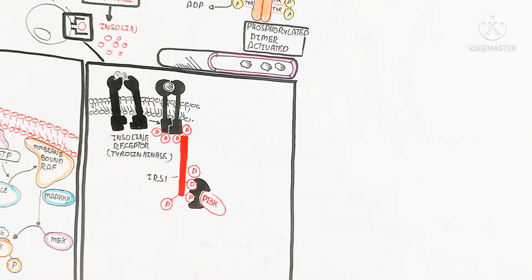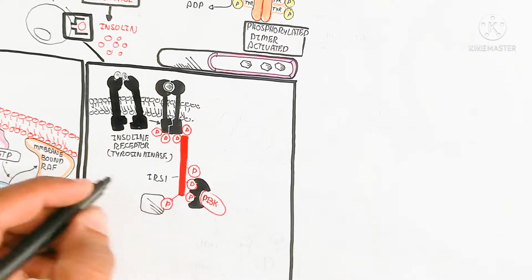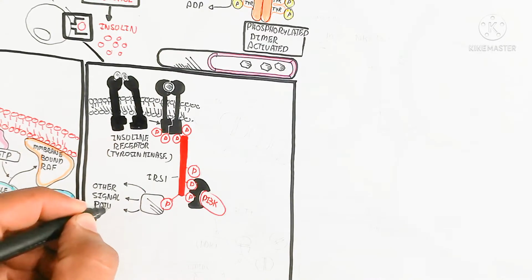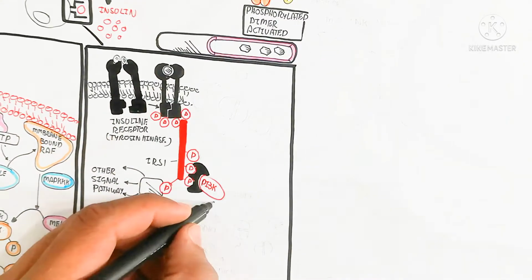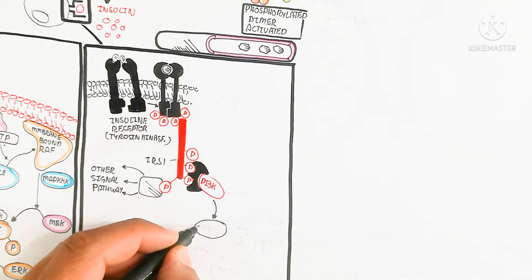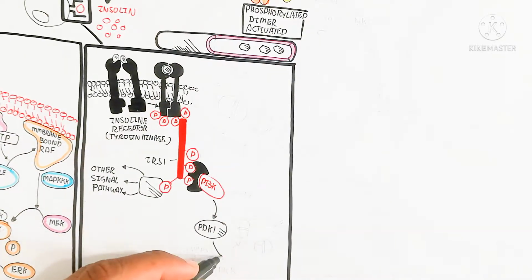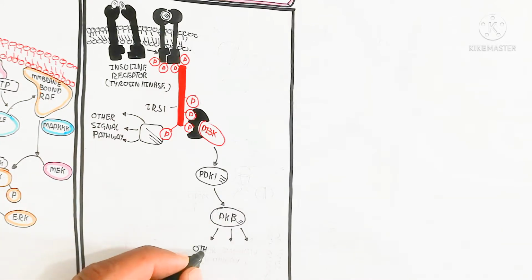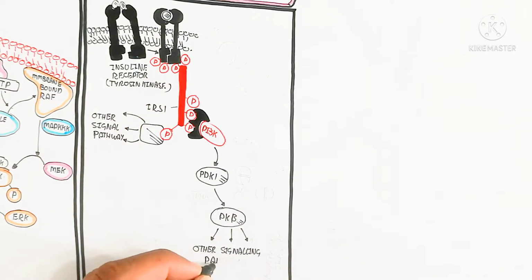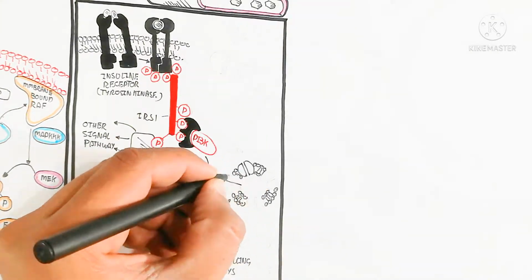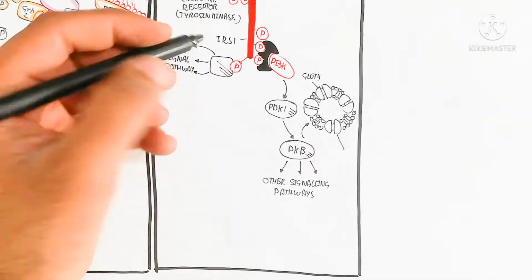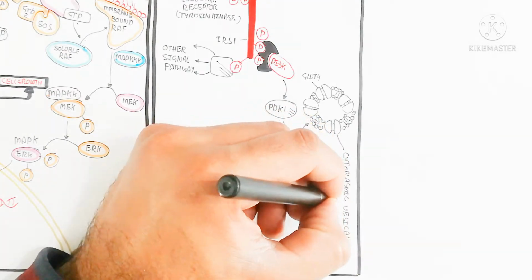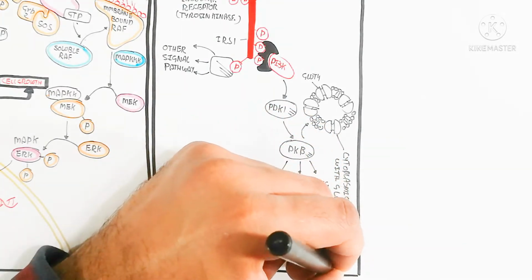After this binding with the phosphate group, the kinase enzyme is phosphorylated further, and on the other hand the mTOR pathway and other pathways can occur, and this pathway will give a transcription signal. On the other hand, the PDK1 pathway will be activated through PI3K, and the PKB pathway will be activated, and other signaling pathways will be activated.